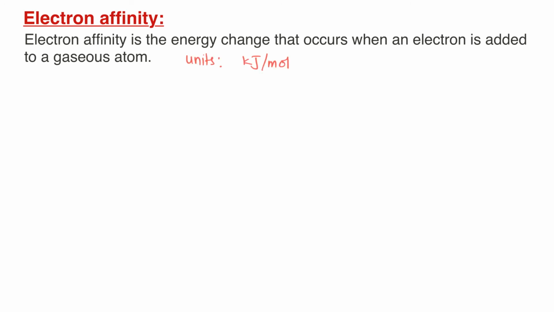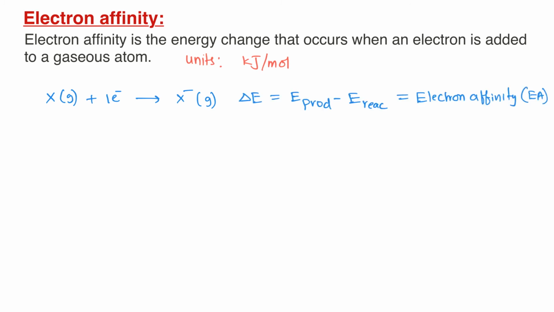For example, if we take an atom X in its gaseous state and add an electron to it, that is, X gas plus electron gives X minus ion in the gas phase, the delta E is equal to the energy of products minus energy of reactants. This is equal to electron affinity. In other words, electron affinity represents the likelihood of a neutral atom to gain an electron.